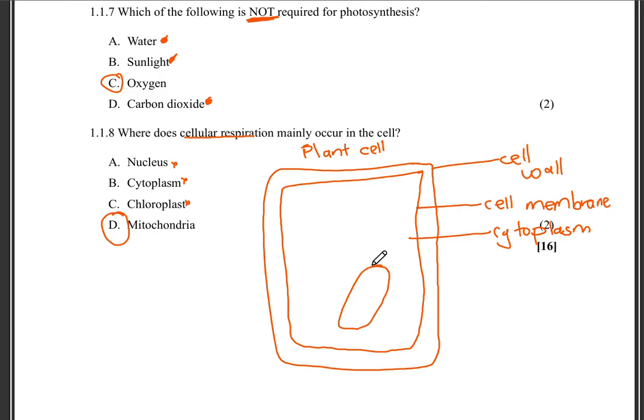So this is the mitochondria made up of a smooth outer membrane. Then it will have a folded inner membrane here. Guys, there's actually a video that I posted, I think last week, of a labelled diagram of a mitochondria.